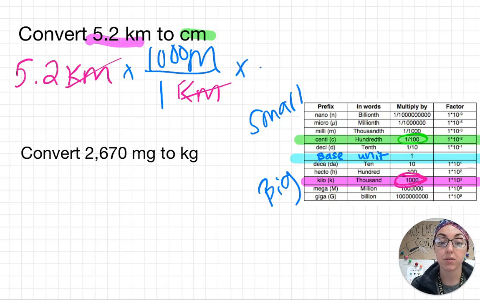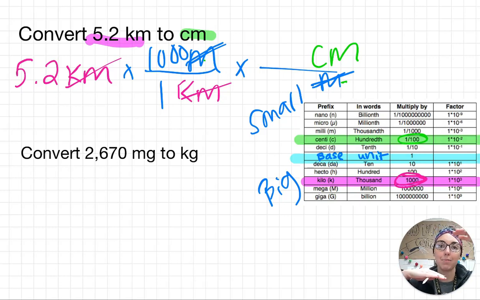Okay, so I've got the first part done. I could just keep going, so I don't need to stop and do any math right now. I'm just going to keep writing out my steps, because I know I'm not done. I know I need to go from meters to my final, what I'm looking for, centimeters. So notice how I put meters on the bottom here, because I need them to cancel out.